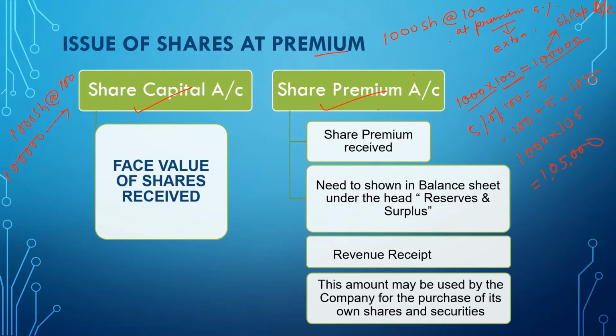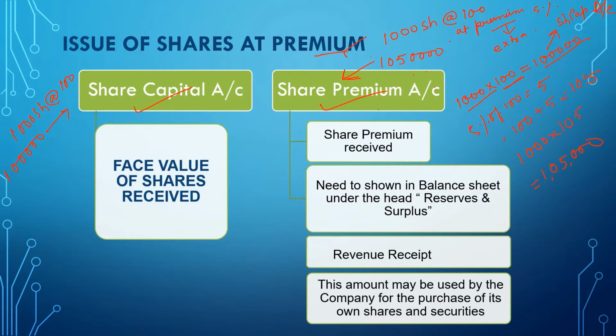And how much premium? The remaining 5,000 out of 1 lakh 5,000 goes to the share premium account.